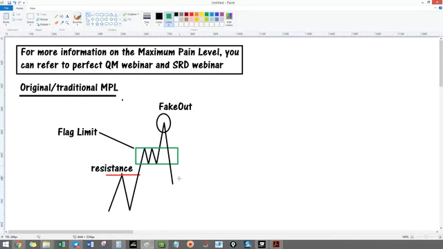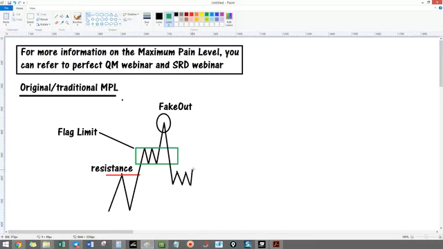And then after the break of the flat limit, it will do another flat limit. This one I need to make longer.